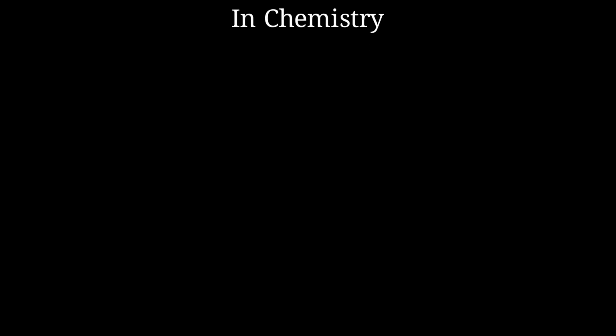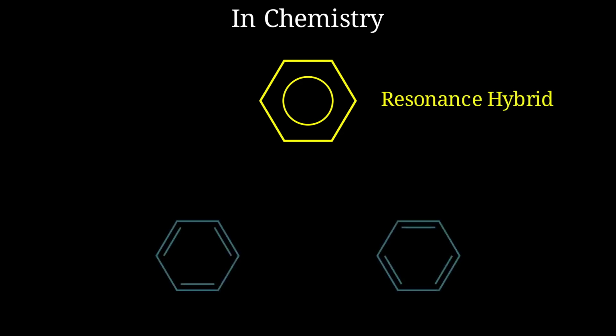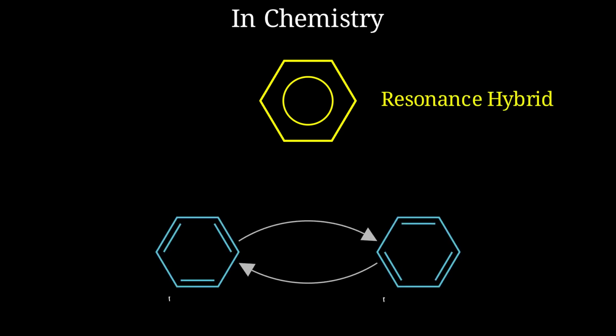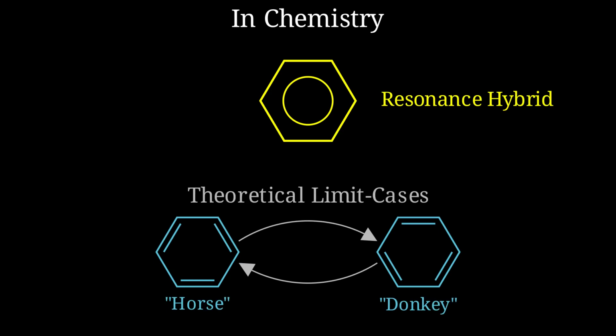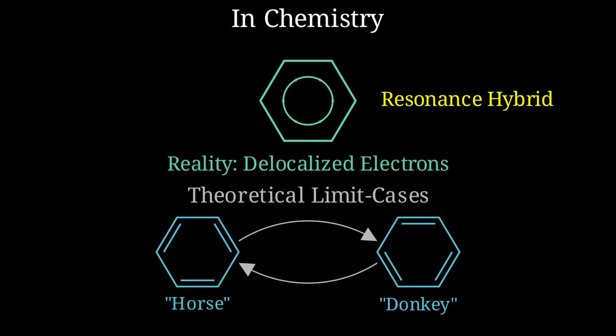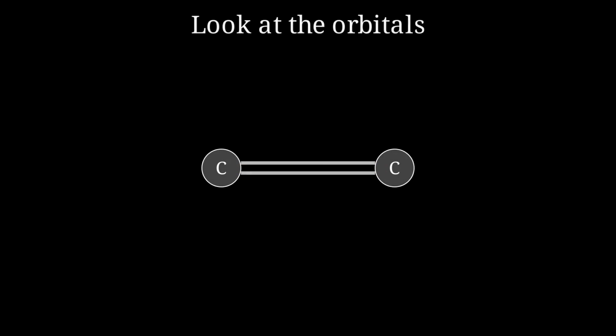In chemistry, the resonance hybrids are the mules. The structures we draw with curly arrows are just the horse and the donkey. They are limit cases, theoretical drawings we use because our pens and paper are too primitive to draw the reality of delocalized electrons. To understand why this happens, we have to look at the orbitals.